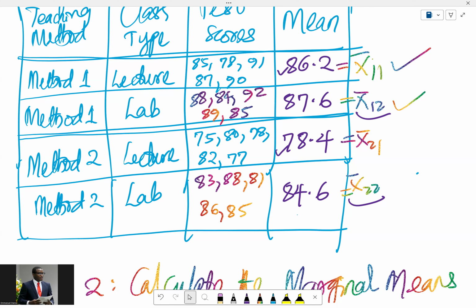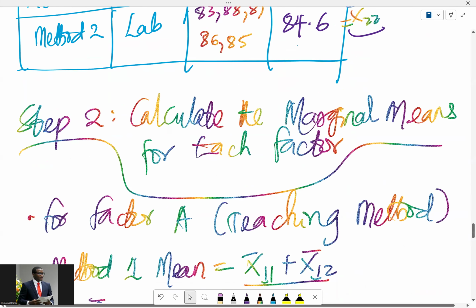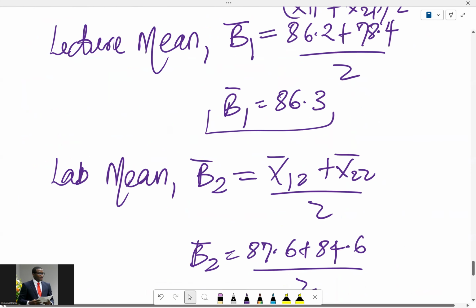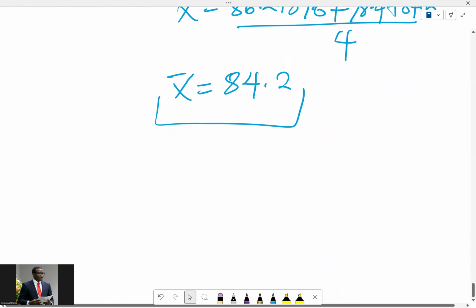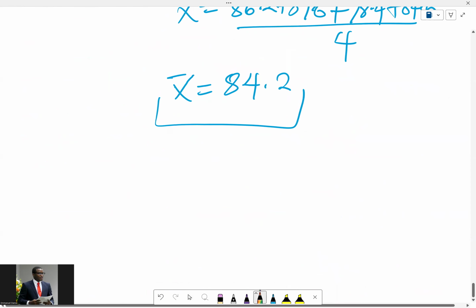That's 84.2. So that method is also correct. So 84.2 it is. Now we have calculated the overall mean, and that is step 3. So step 4 is the next thing we have to do.